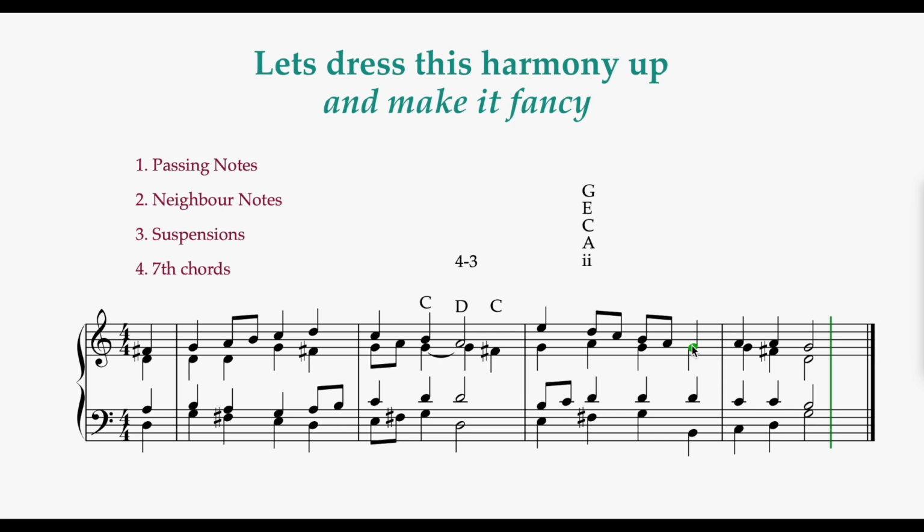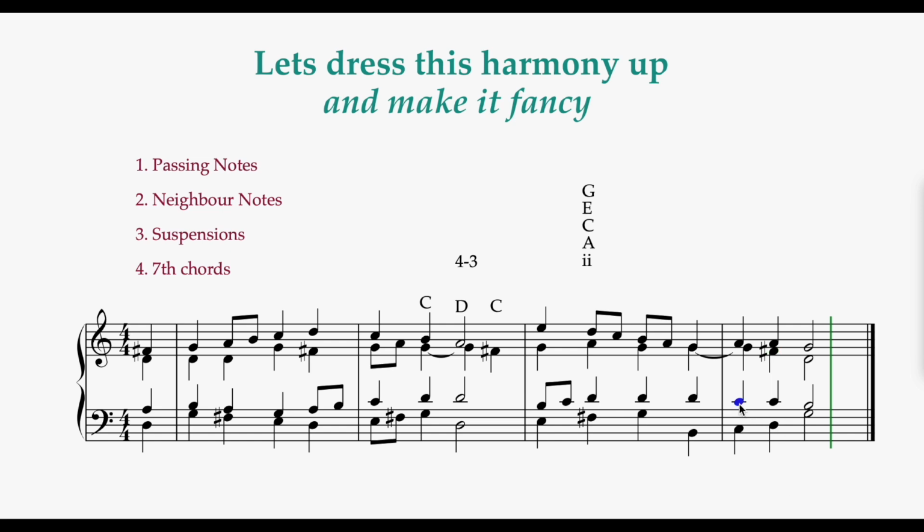So I'm going to tie that, creating now a 7th, which in traditional harmony was a dissonant note. And that's going to fall to the F sharp, to the 3rd.